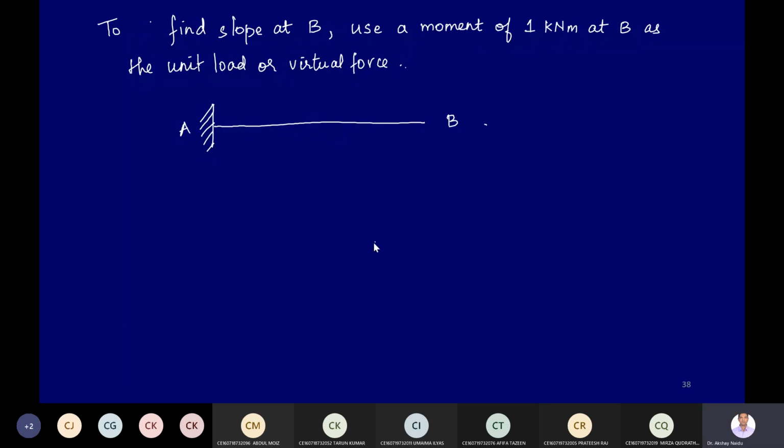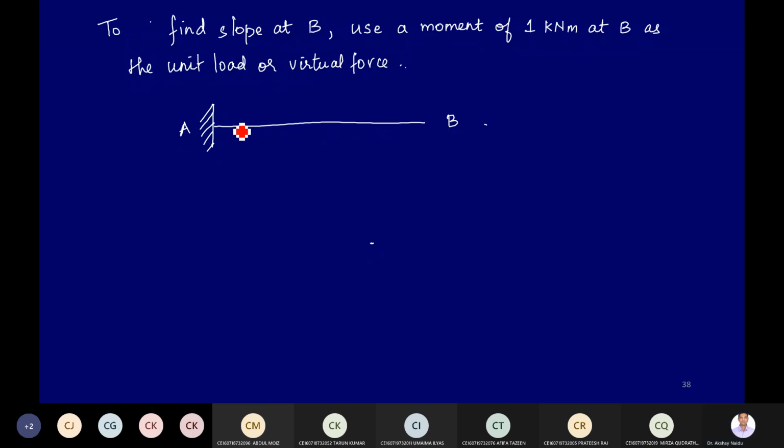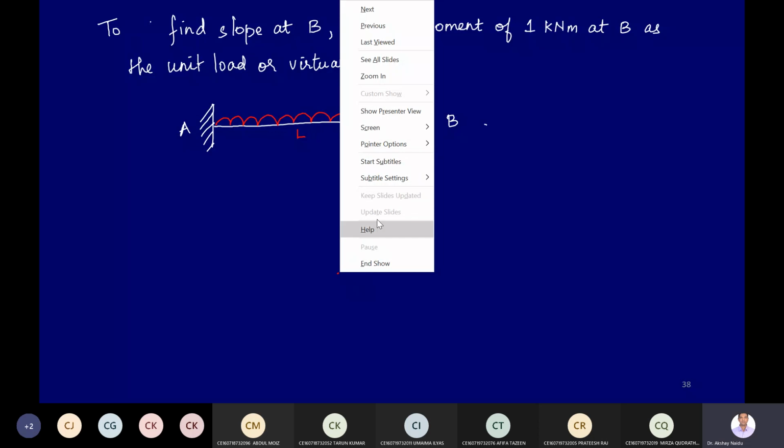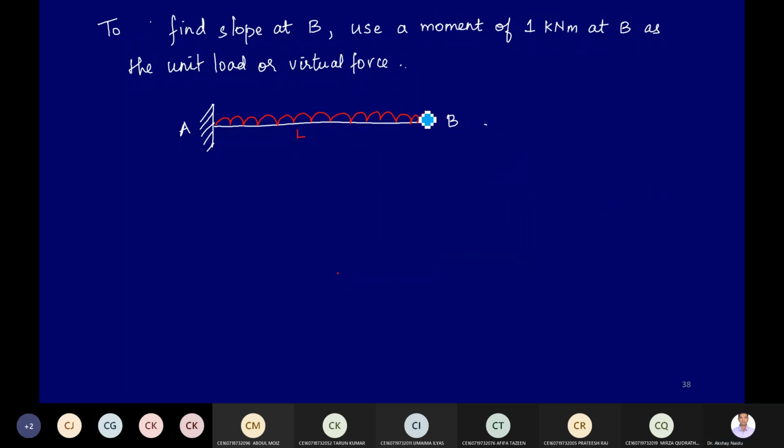For which problem? The same problem, the same beam with UDL. But now I need to use a virtual moment. In Castigliano's theorem, we used a fictitious moment m, but here we will use a unit moment.